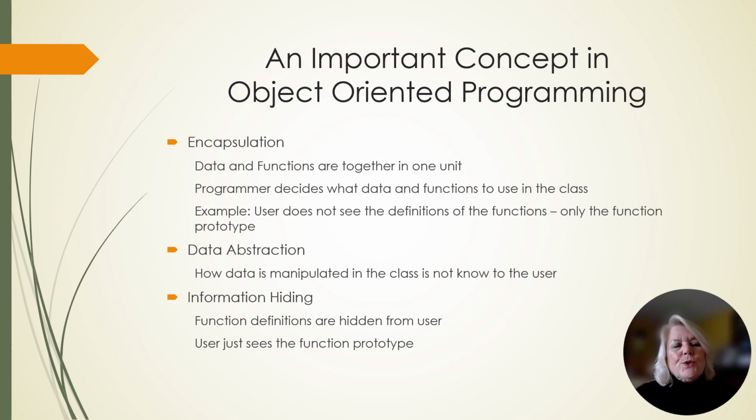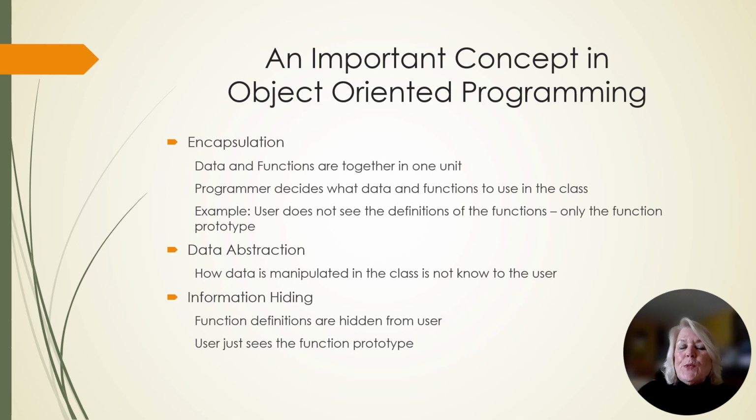This slide shows three important concepts for object-oriented programming. The first one is encapsulation. So we do that with a class. We can encapsulate and put together data members and functions all together in the same class as one unit. The other one is data abstraction.